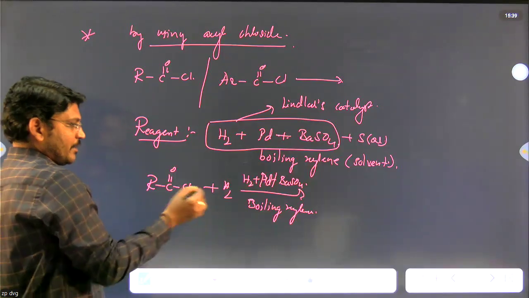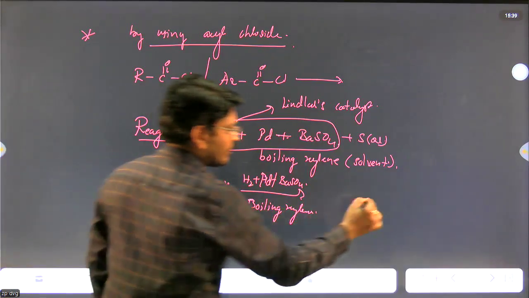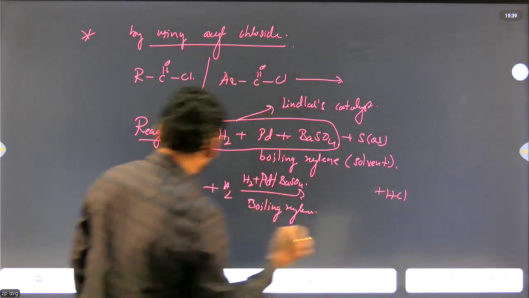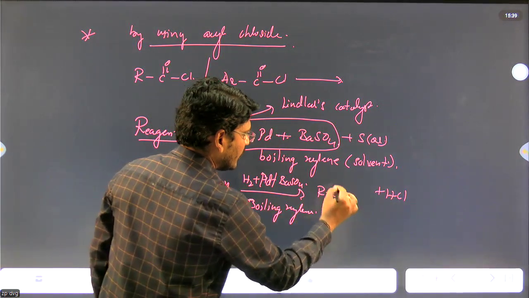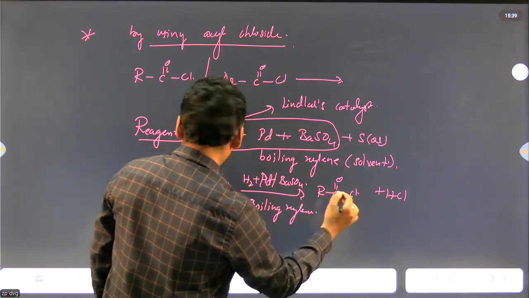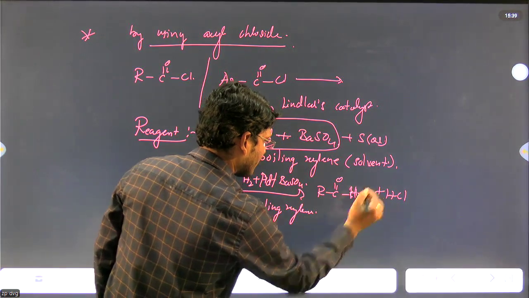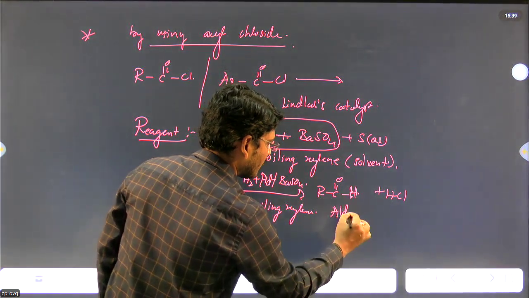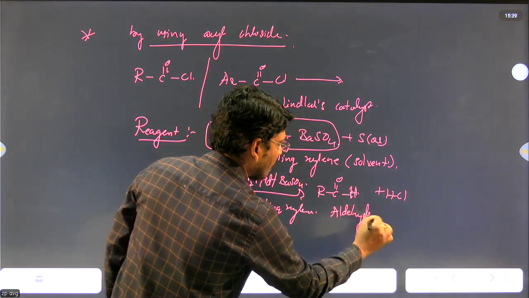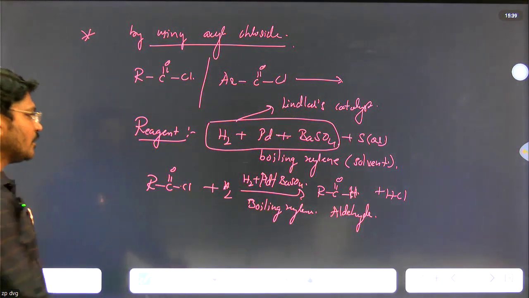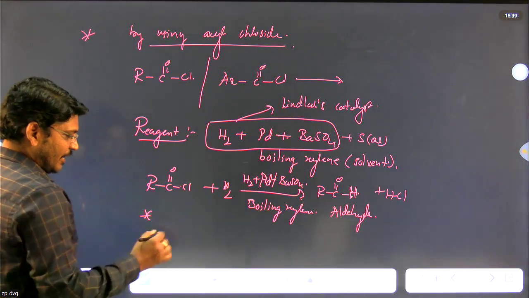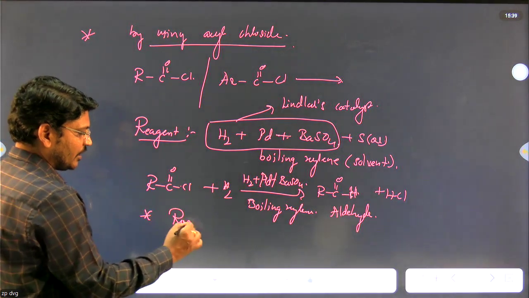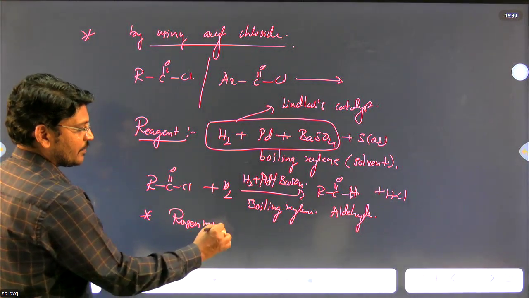So finally what happens, H and Cl both combine together to form HCl, and finally one more component, RC double bond OCl becomes RC double bond OH. So name of this compound is called as what? Aldehyde. So the name of this particular reaction, I think you already know, is the Rosenmund reaction.